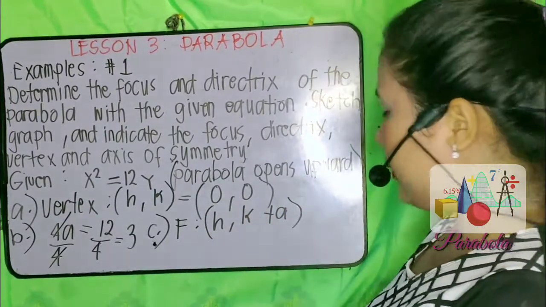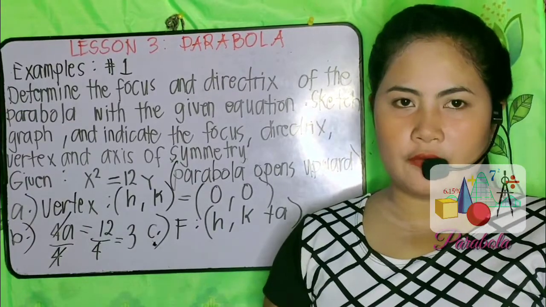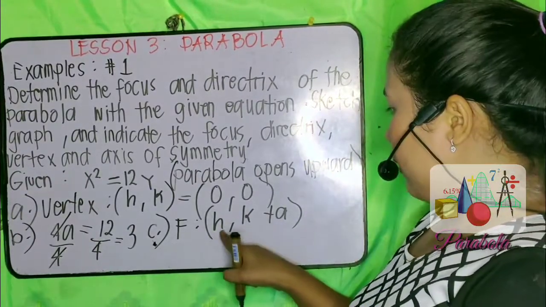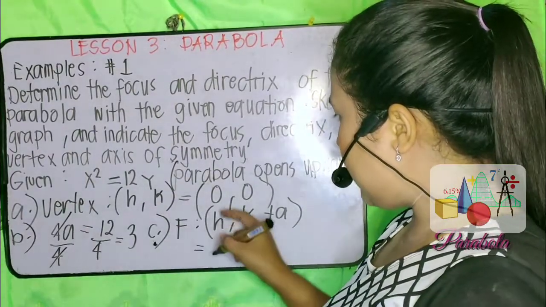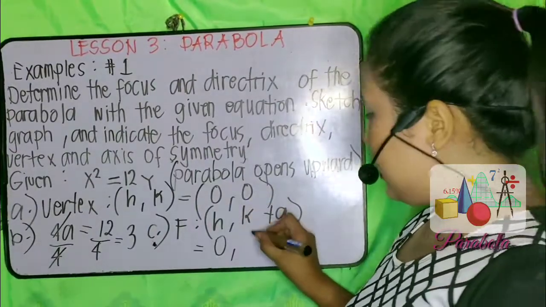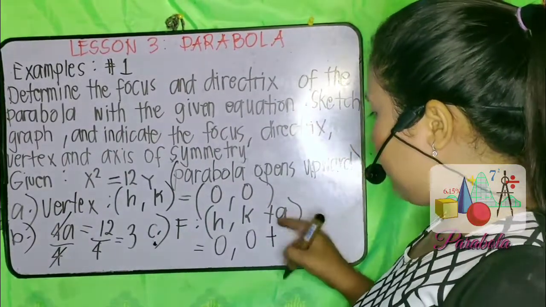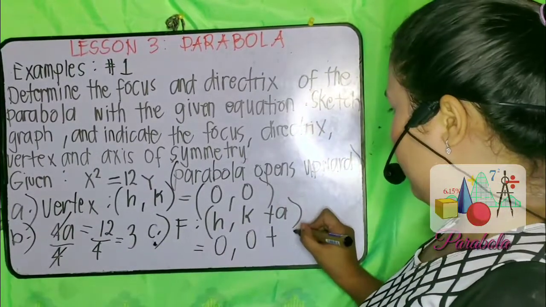Balikan po natin kanina yung binigay ko na different properties. For h natin, since wala naman tayong given value dito, yung h natin is 0. Then, yung k natin is still 0 plus the value for a natin, which is 3. Yung nakuha natin po dito, we have 3.